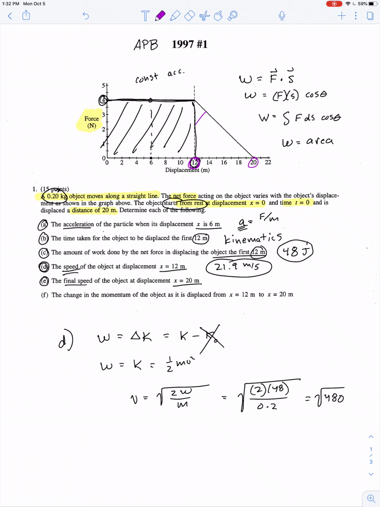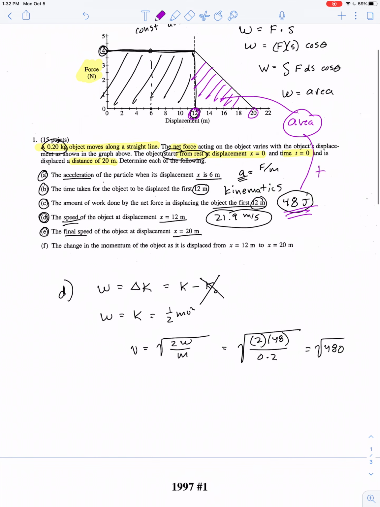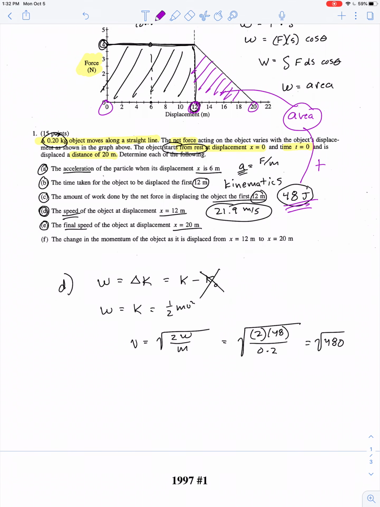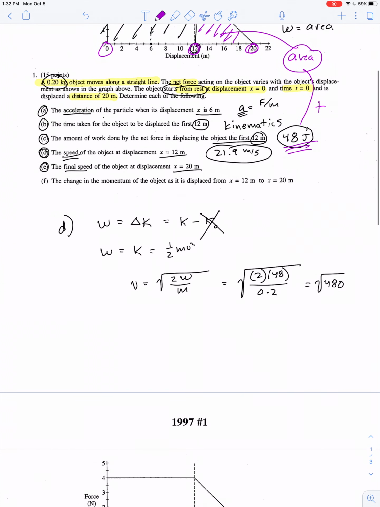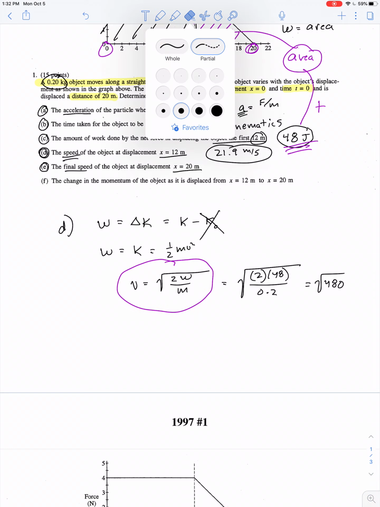Well, again, that's just calculating the area under this part of the curve. So if we can find that area and add it to the 48 joules we already found, then that would be the total work done from 0 to 20 meters.